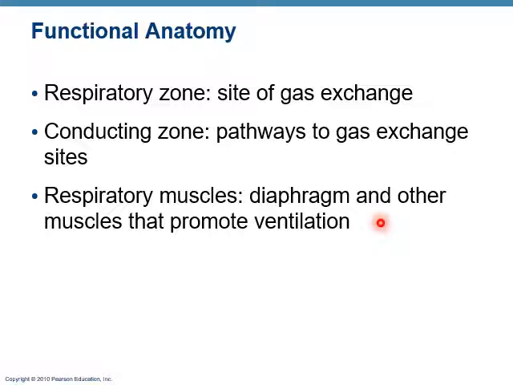When you gasp and your shoulders come up when you're breathing, that's the neck muscles pulling your rib cage up to help get you some more airspace. Well, when those neck muscles get used all the time, they're going to tighten up.